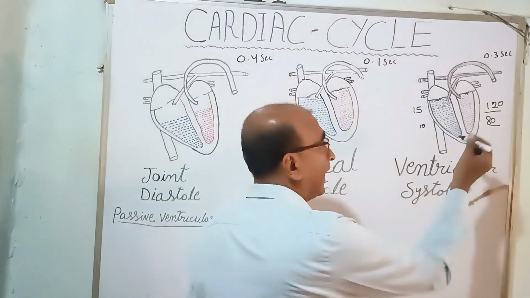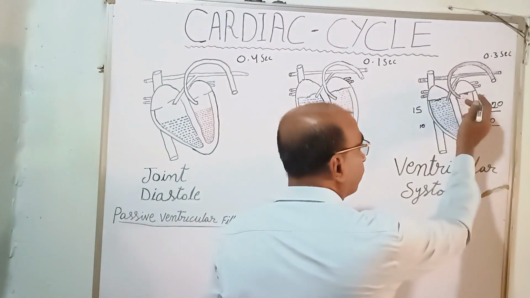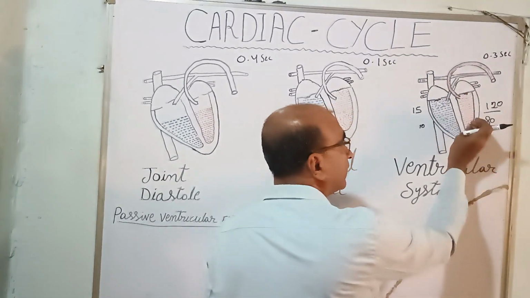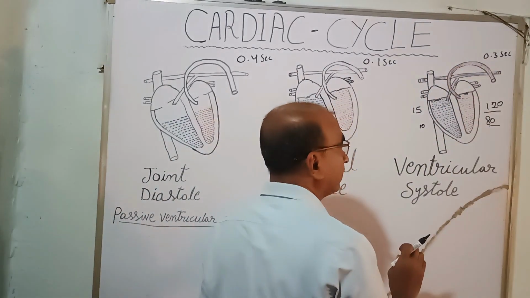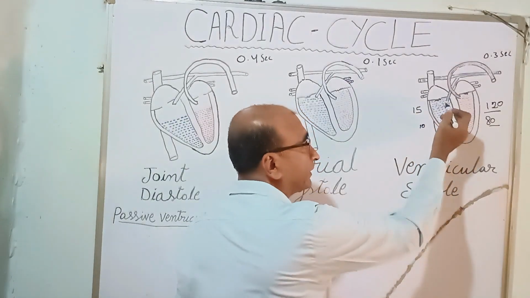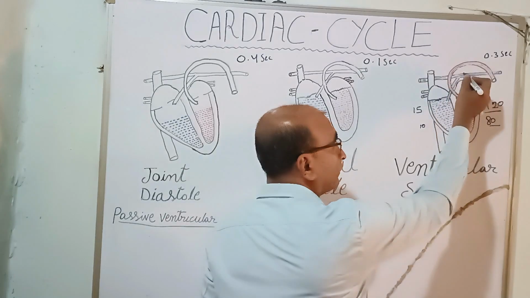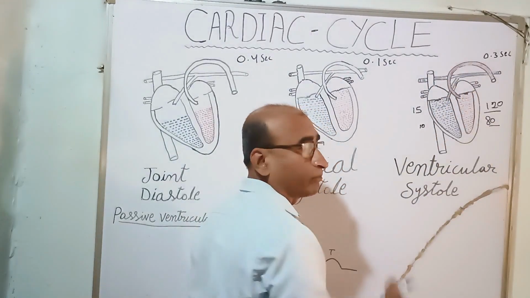At the high pressure of 120 millimeter of mercury, the aortic valve opens and the blood is ejected into the aorta. And at 15 millimeter of mercury, the pulmonic valve opens and the blood is ejected into the pulmonary artery.